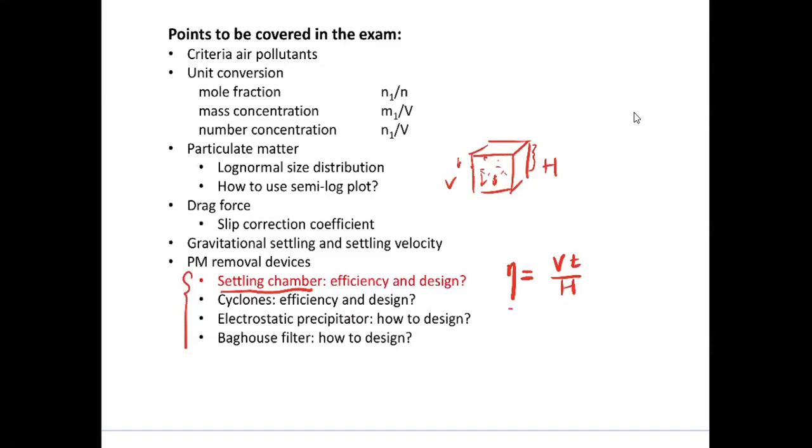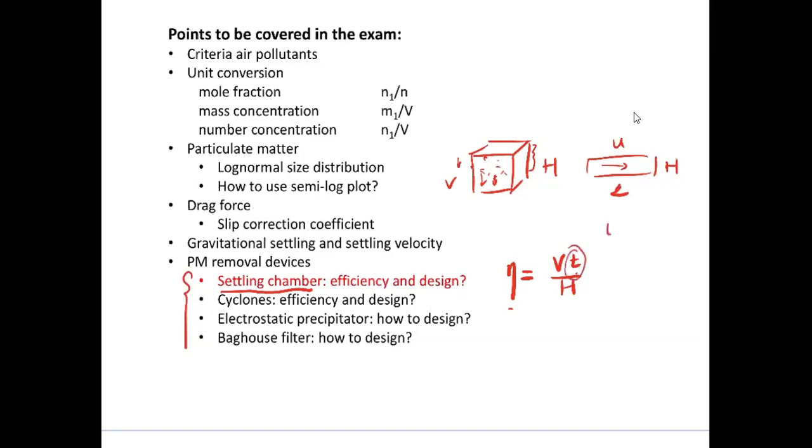Then we gave a few different geometries. We mentioned that in industry, we're not going to build a chamber for this settling process, so we typically use a duct. The duct will have a flow velocity of U, a height of H, and a length of L, right? For this, we just need to plug in the value for the time.